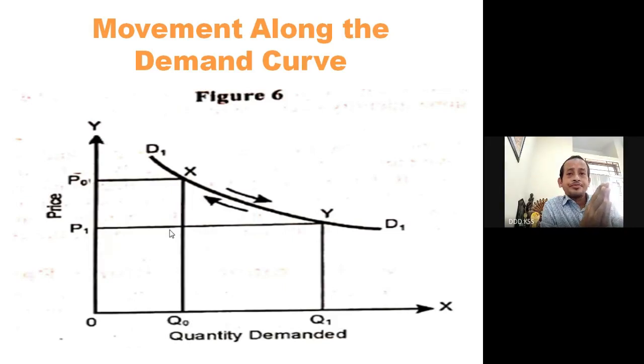Now, first we'll go through this example. On the y-axis, price is represented, and the x-axis represents quantity demanded.